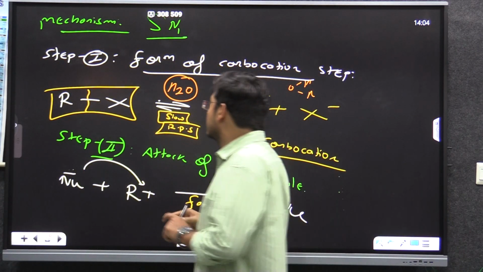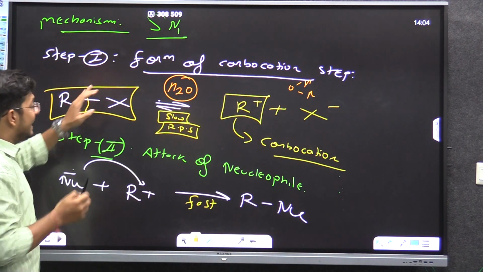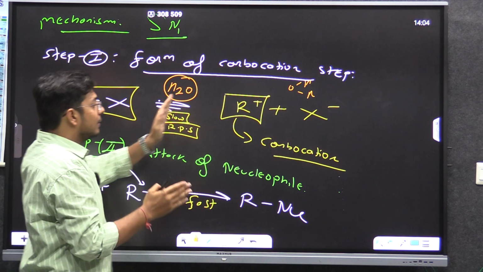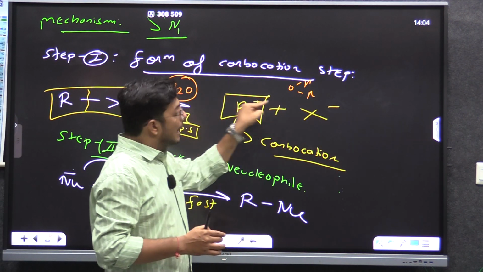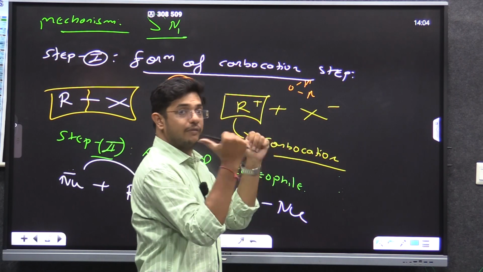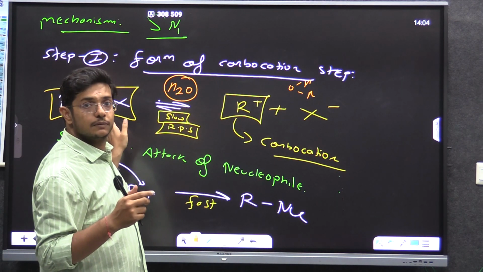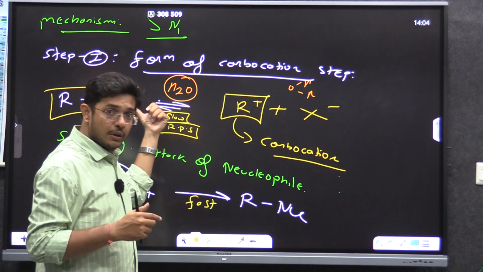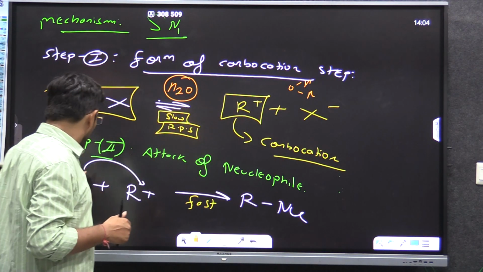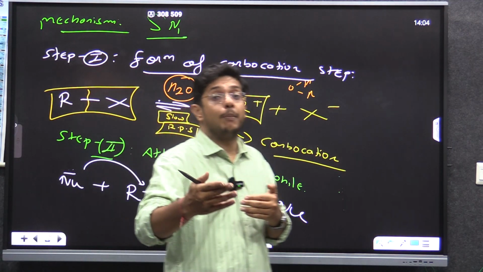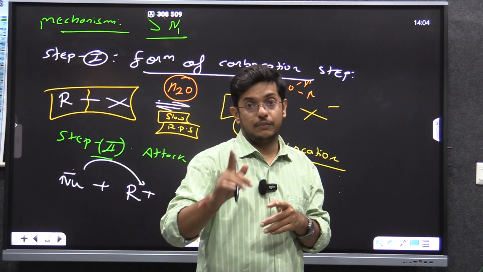It means when the alkyl halide tends to break in the form of cation and anion, suddenly this cation and anion again have the tendency to reverse back. And if it does so, then the carbocation will not be in the free form. Getting my point?